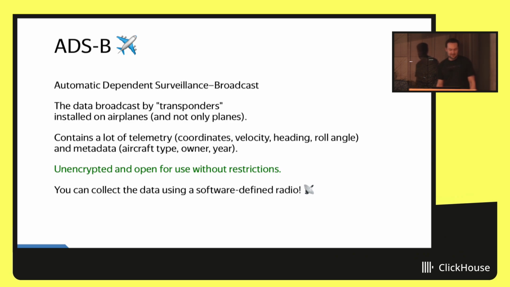It is actually the data from airplanes, helicopters, anything that flies, drones, most of the drones. And this data is broadcast by radio, by transponders located on these flying things.